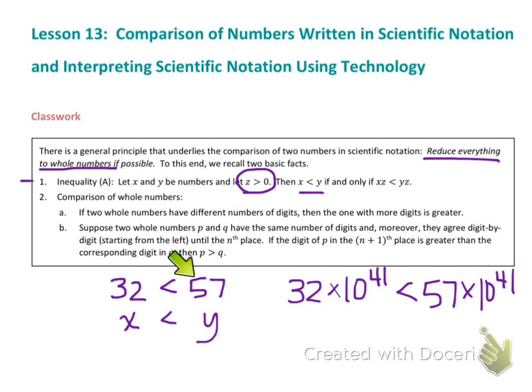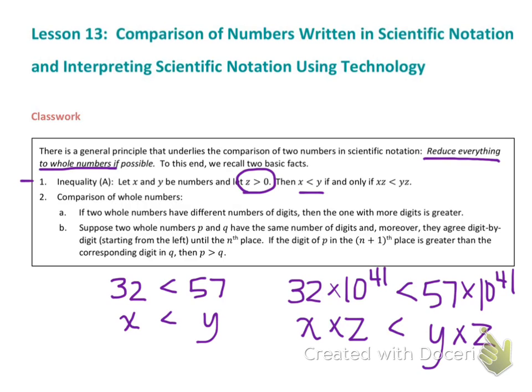Because I know that 32 is less than 57, since they're whole numbers, I know that x times z is less than y times z. That's just a basic principle of dealing with equations and expressions. Hopefully that is clear to you. So if my powers of 10 are the same, then all I have to do is compare the number out front.